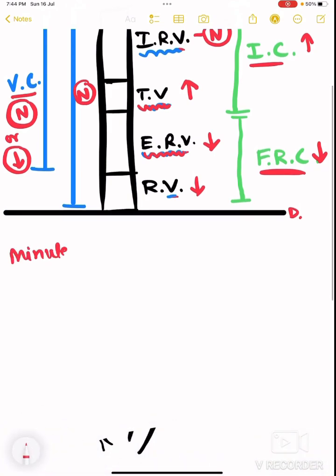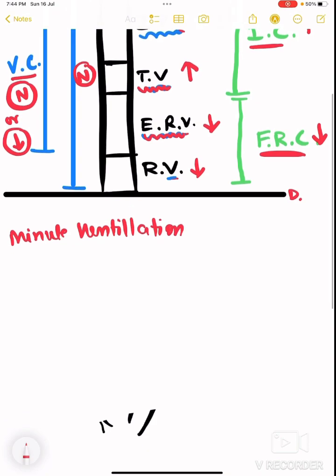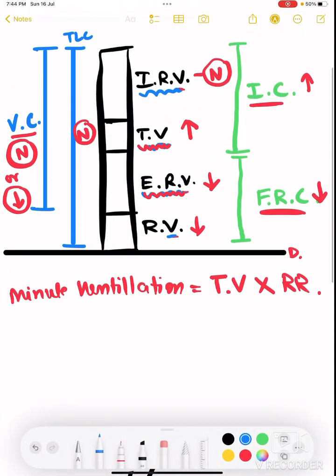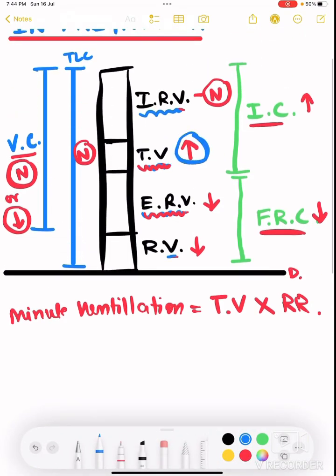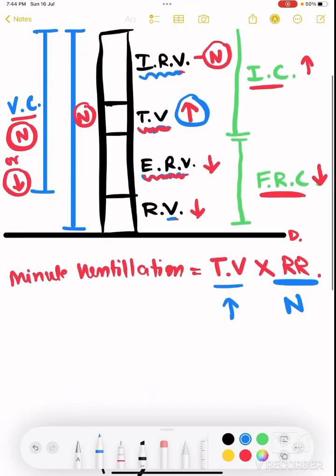Minute ventilation. Minute ventilation is tidal volume into respiratory rate, right? So what happens to tidal volume? We have already seen that tidal volume is increasing. What happens to respiratory rate? Very important. Respiratory rate remains normal. Respiratory rate doesn't increase in pregnancy. Many people make mistakes in this only.